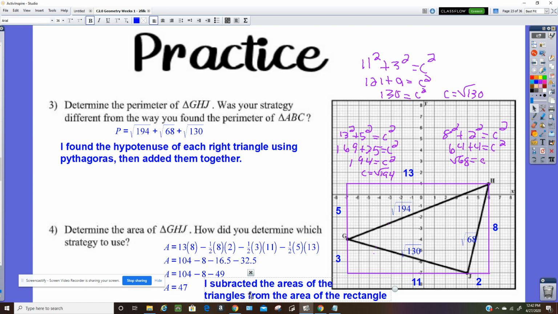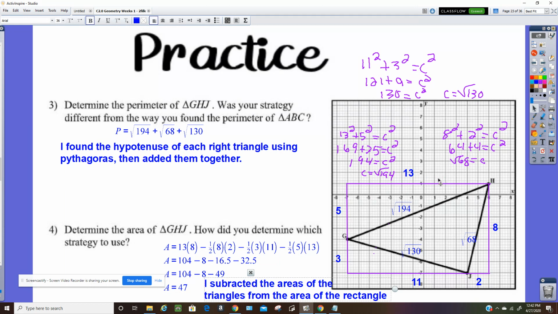And that's the method I prefer using because that way, as long as you count these correctly, then you'll avoid errors with subtracting negatives and doing the square root of something squared. So remember, when you're subtracting, you put everything in parentheses. When you square a negative number, you get a positive number.